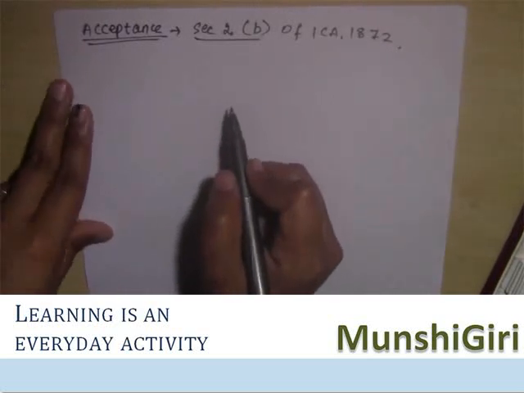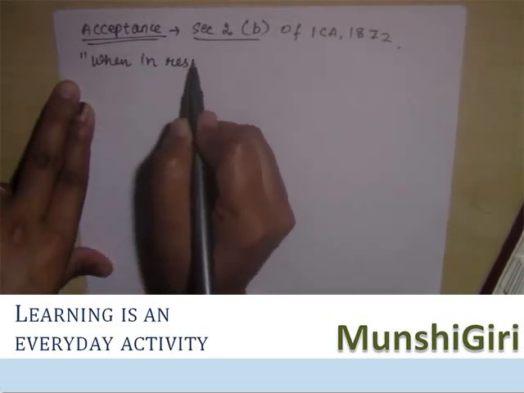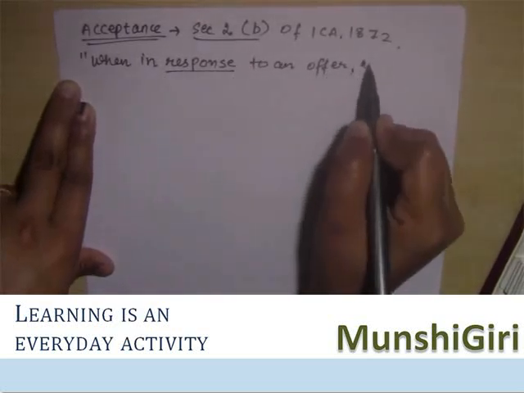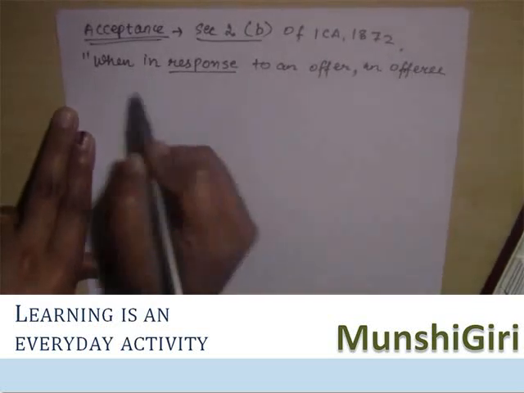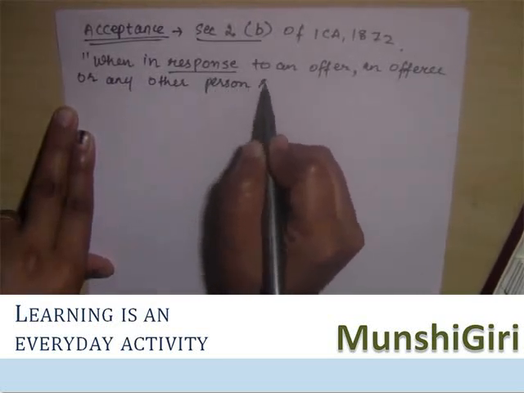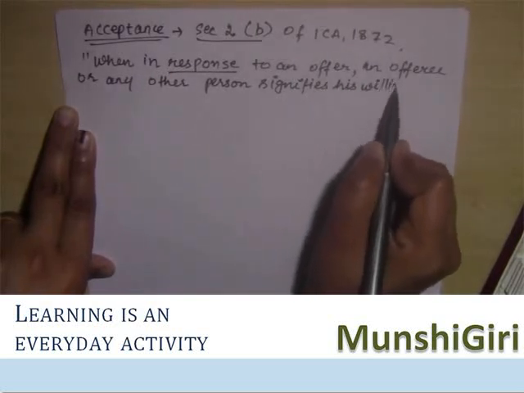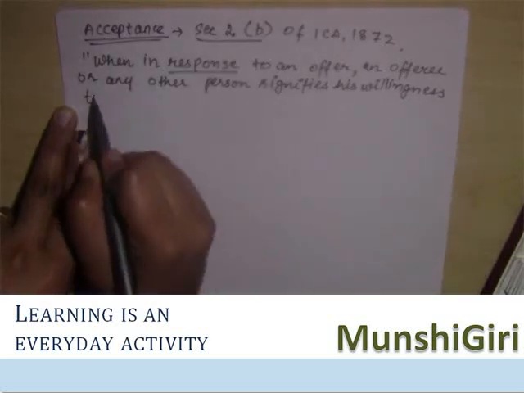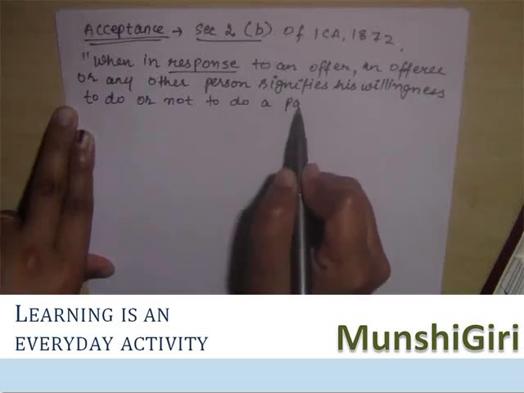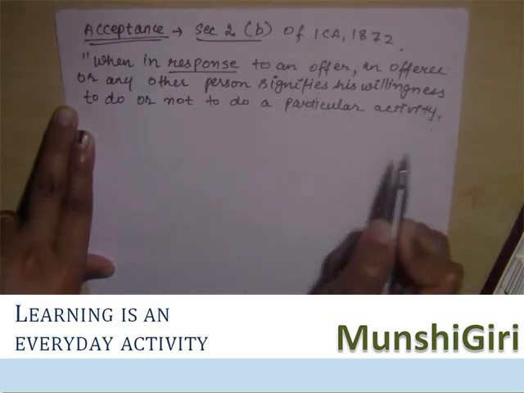The legal definition says, when in response to an offer, an offeree or any other person signifies his willingness to do or not to do a particular activity, he is said to have given acceptance.